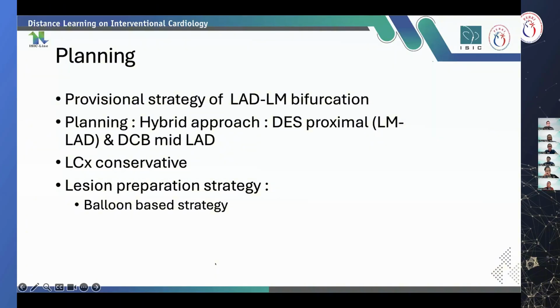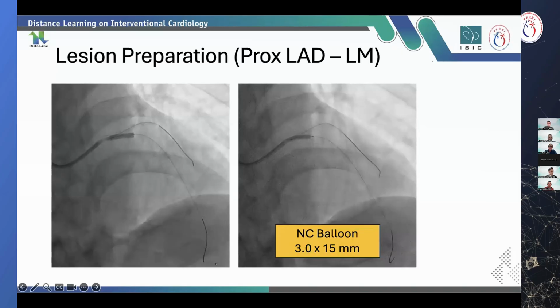We decided not to touch the circumflex despite its appearance on OCT, as the FFR was negative. That reassured me that the flow remained preserved despite the calcium and the stenosis in the circumflex and the OM branch. The lesion preparation will be balloon-based, with no debulking device or atherectomy.